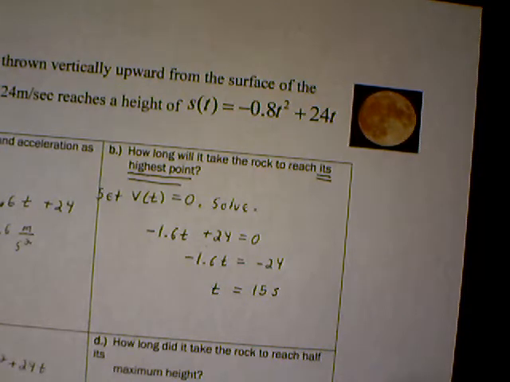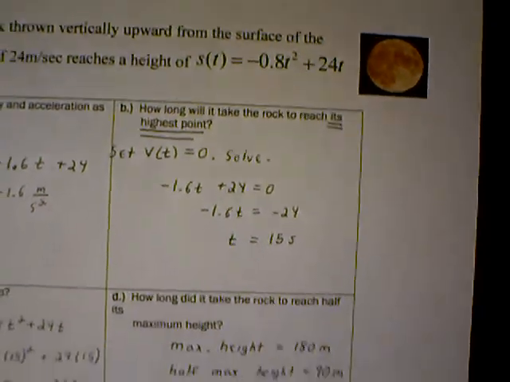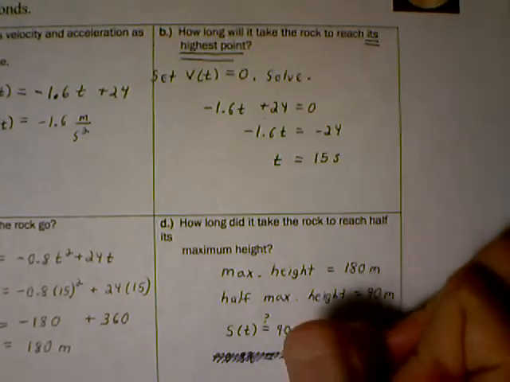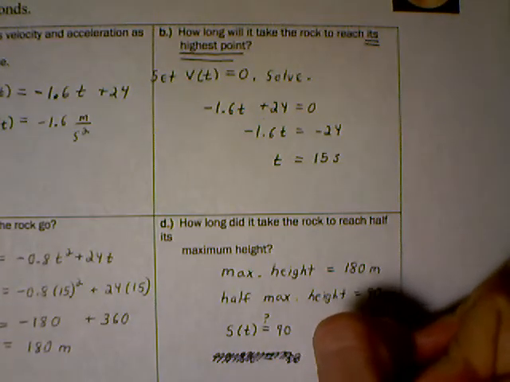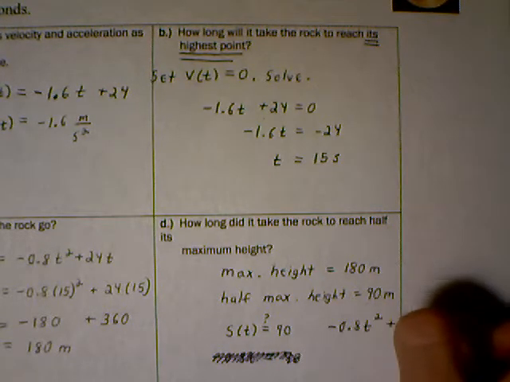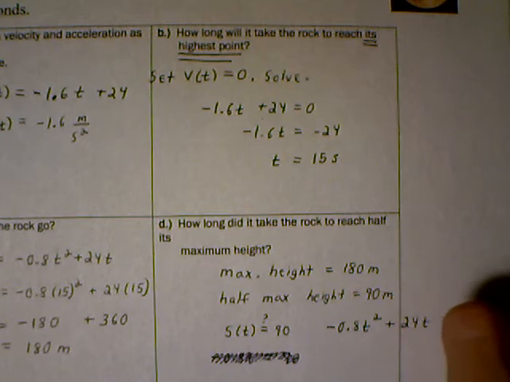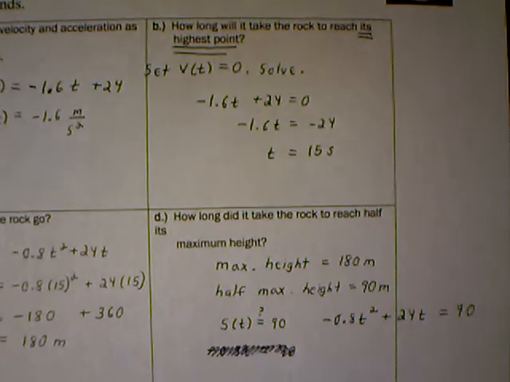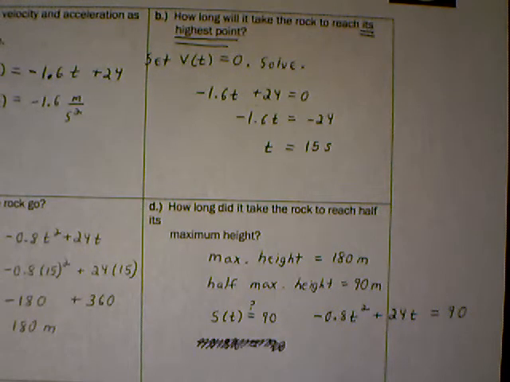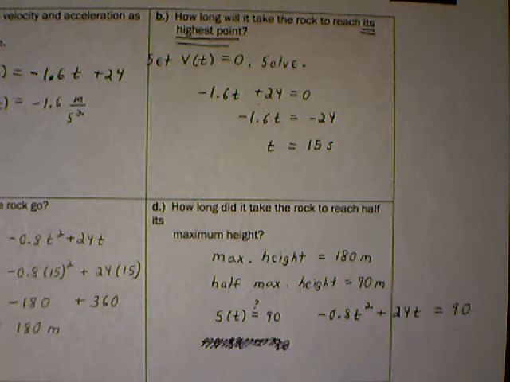That was not my position function. My position function is negative 0.8t squared plus 24t, and I set that equal to 90. All right, now from here I need to go ahead and solve. I'm going to divide both sides by negative 0.8. So let's do that real quick.